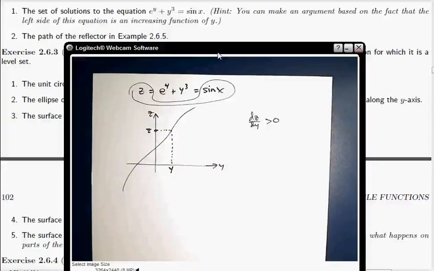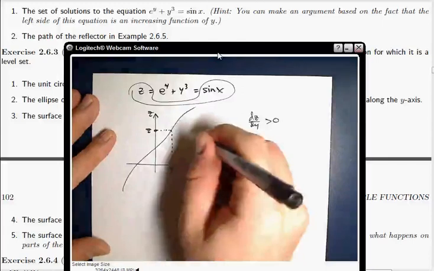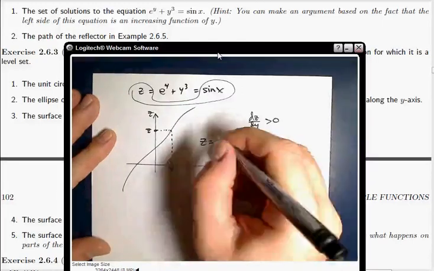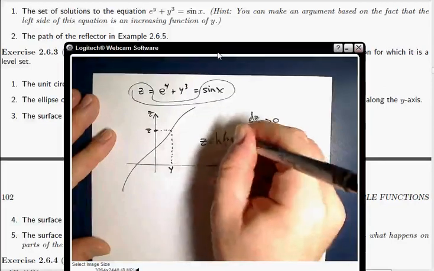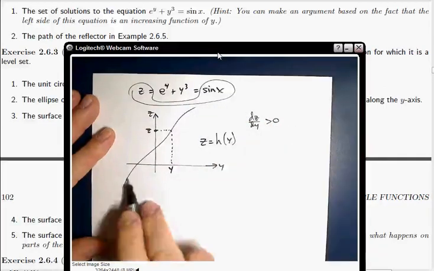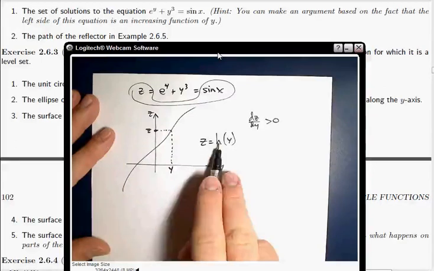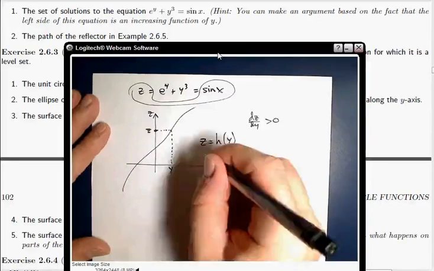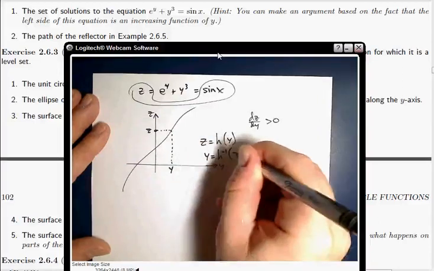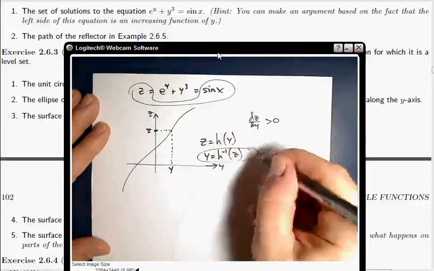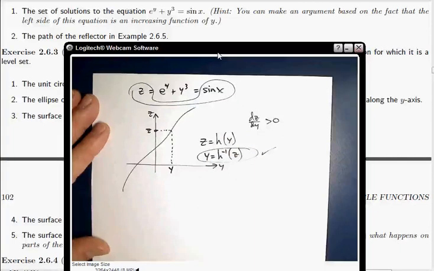Let me rewrite this a little bit. Let's say that z is equal to h of y, and I claim that because the function's increasing, this h function is invertible, and so therefore y is h inverse of z, and this is okay because it's an invertible function.